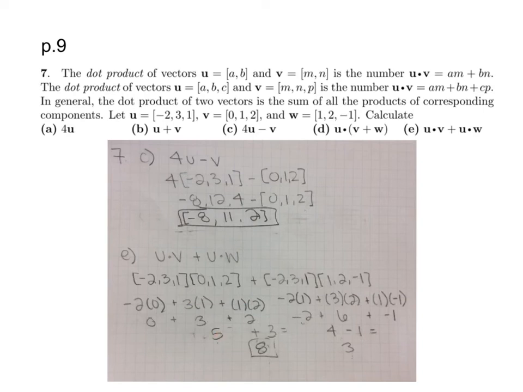And then for u times w, I substituted in the vector -2, 3, 1, and the vector 1, 2, -1. And I multiplied out, and I got -2 times 1, which is -2, 3 times 2, which is 6, and 1 times -1, which is -1. And I combined those all, and I got 4 minus 1, which equals 3. Added both the two and got 8.